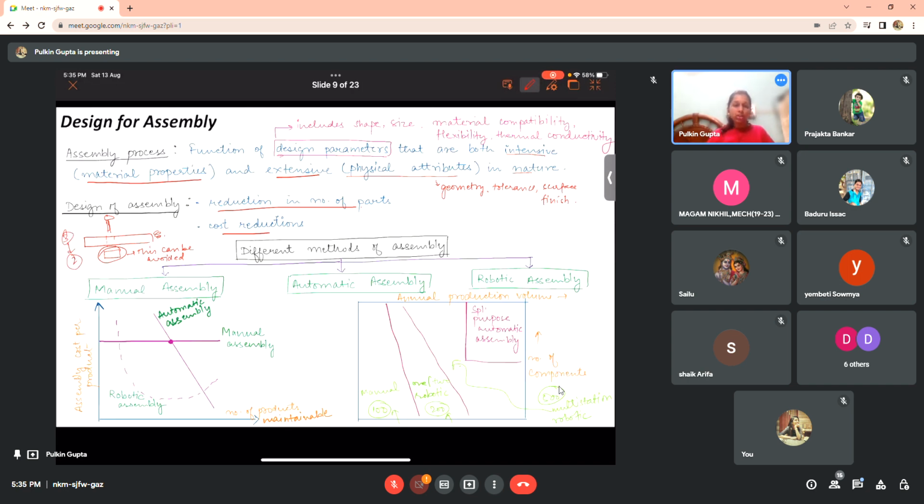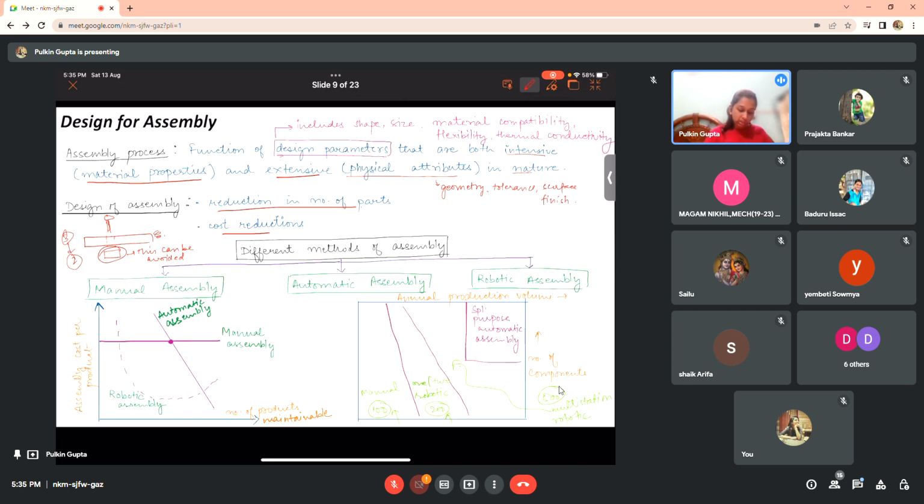Okay. So what are the different methods of assembly? First is manual assembly. Then is automatic assembly, and then is robotic assembly. So in manual assembly, the parts are transferred to the workbenches where the individual components are converted into final products.